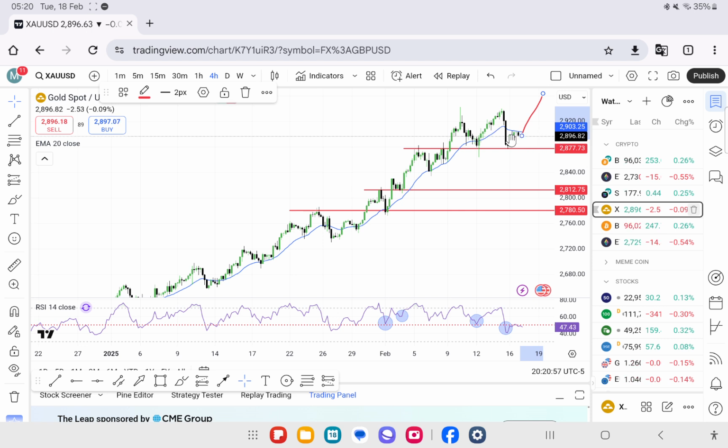But if the market comes down to this level and crosses this area, we are on the sell side now, no longer on the buy side. So we will start short selling the market, and that is how you are going to make money. If you know how to analyze price action and market prices, definitely you are going to make a lot of money, and that is the way to go.